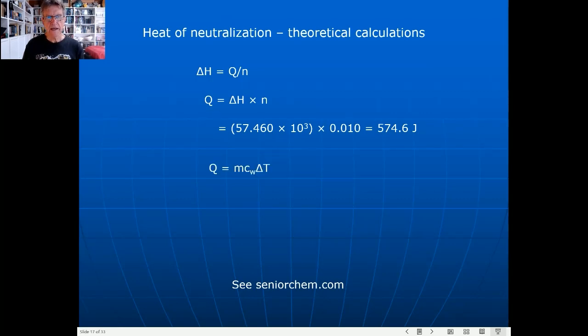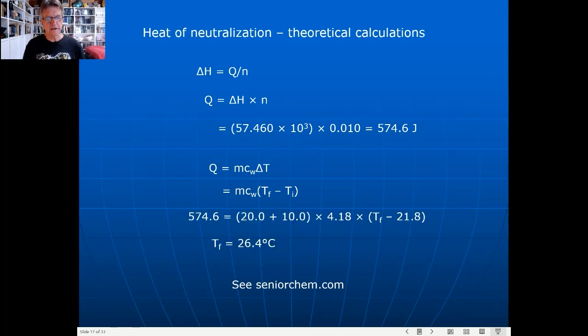And this is the actual heat released in terms of the temperature change, and I did the same sort of calculation and worked out the theoretical value of the temperature when I'd added a certain number of mils. I think this was at 10 mils of sodium hydroxide added, so the total volume was 30. I've done calculations for this on my web page, seniorchem.com, if you want to check all that out.